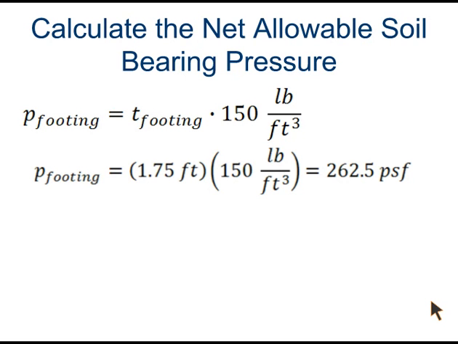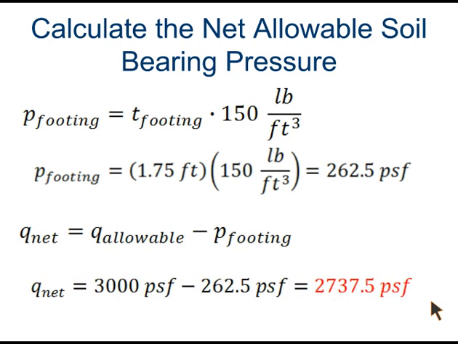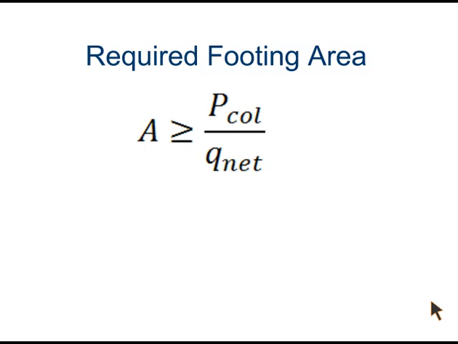That's the pressure from that thickness of footing. So then we're going to subtract that footing pressure from the allowable soil bearing pressure that was given to us, 3,000 pounds per square foot. So now we have a net allowable pressure of 2,737.5 pounds per square foot. That's the net pressure that we want to use. So the required footing area is our next step.